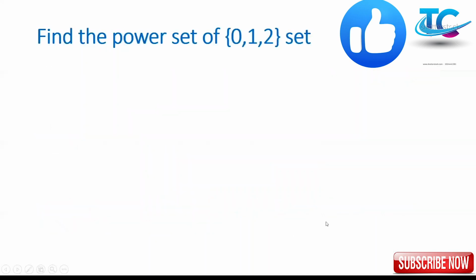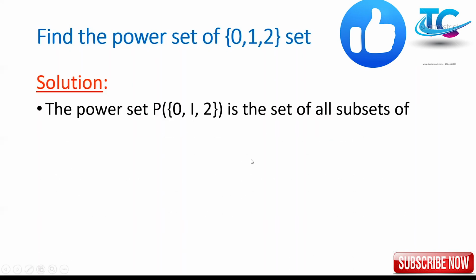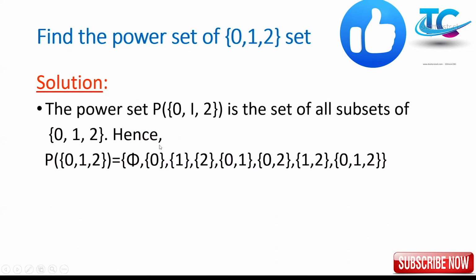Let's see one question. Find the power set of {0, 1, 2}. Let's see the solution. We have to write all the possible subsets of this set, and the collection of those subsets will be the power set. The set is {0, 1, 2}. Then all the possible subsets are: phi, {0}, {1}, {2}, {0, 1}, {0, 2}, {1, 2}, and {0, 1, 2}.